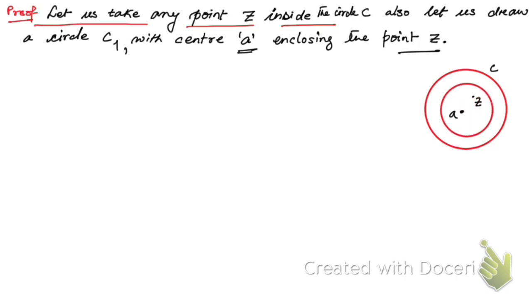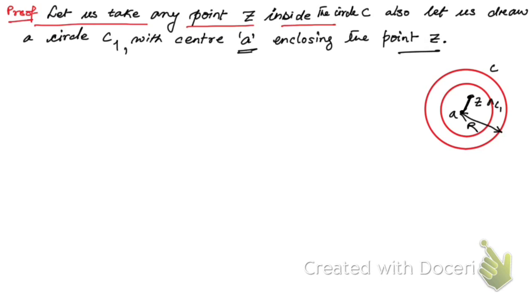So its center is also a, and this circle is C1. Let us assume that way. Here this radius is r, this radius is capital R, and the length from a to z is less than r.